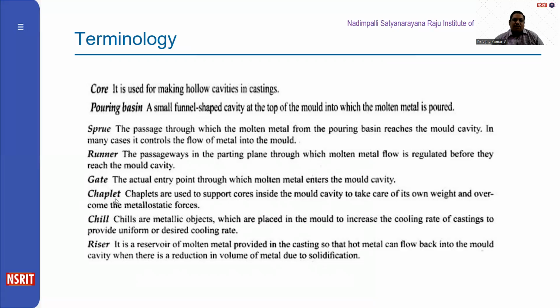So we can use chills and chaplets. These are all used for supporting the cores, which are used for creating cavities. And riser is nothing but the reservoir of molten metal. So this will allow the hot metal to go back to the mold whenever there is a reduction in the volume because of the solidification.